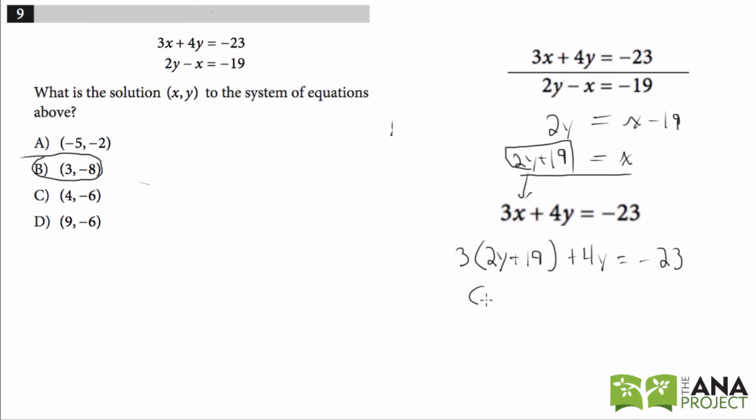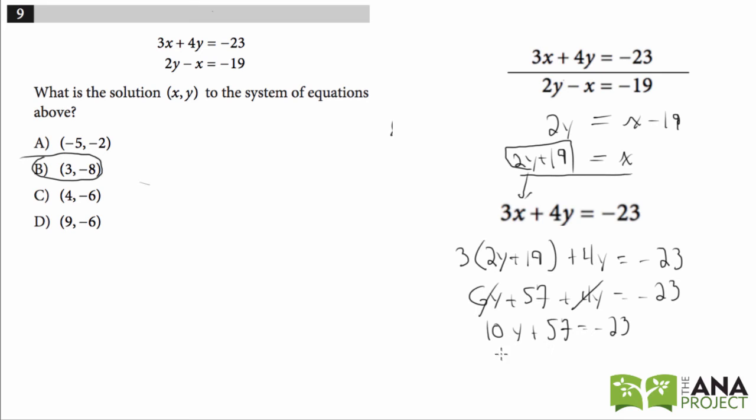So 3 times 2y is 6y plus 3 times 19 is positive 57 plus 4y equals negative 23. 6y plus 4y is 10y plus 57 equals negative 23.